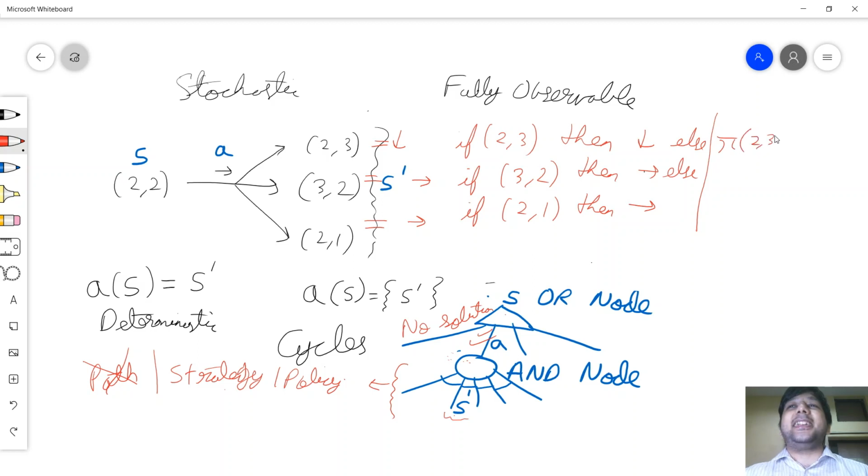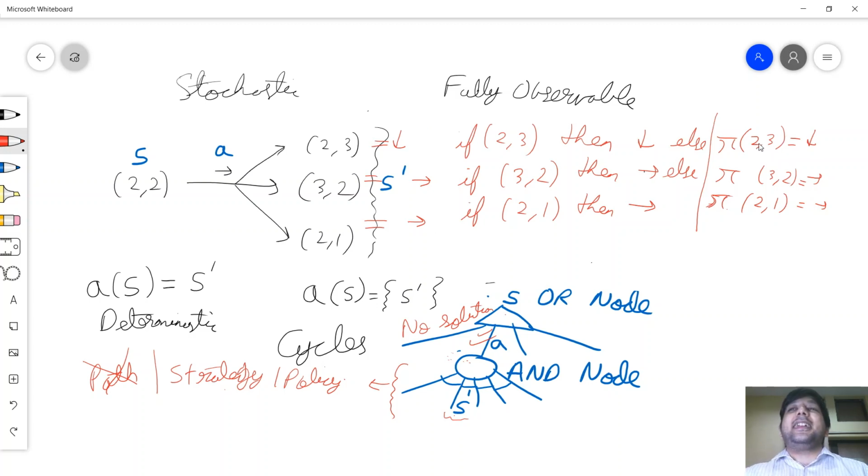So I say the policy at 2,3 is down, the policy at 3,2 is right, and the policy at 2,1 is right, for the state that you are currently at. So from 2, if I take an action A, that is what happens.